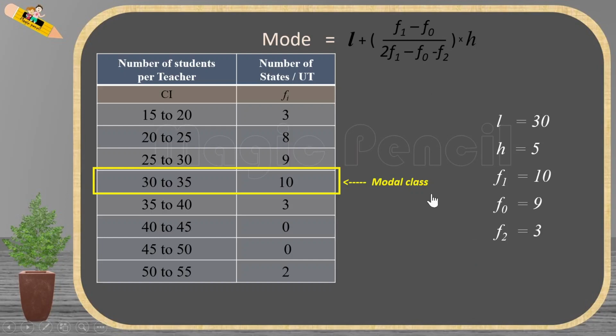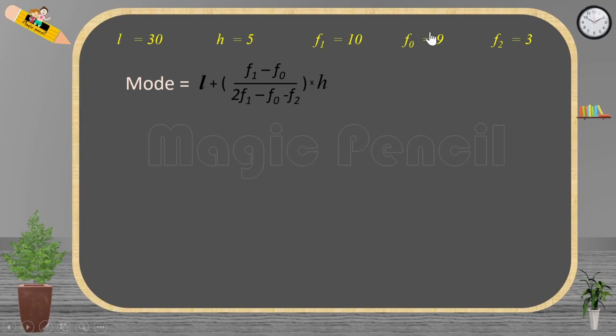Now let us substitute these values in the formula and simplify. So L is 30 plus F1 is 10, F0 is 9, and by 2F1, means 2 into 10, 20, minus F0 is 9 and F2 is 3, into 5.